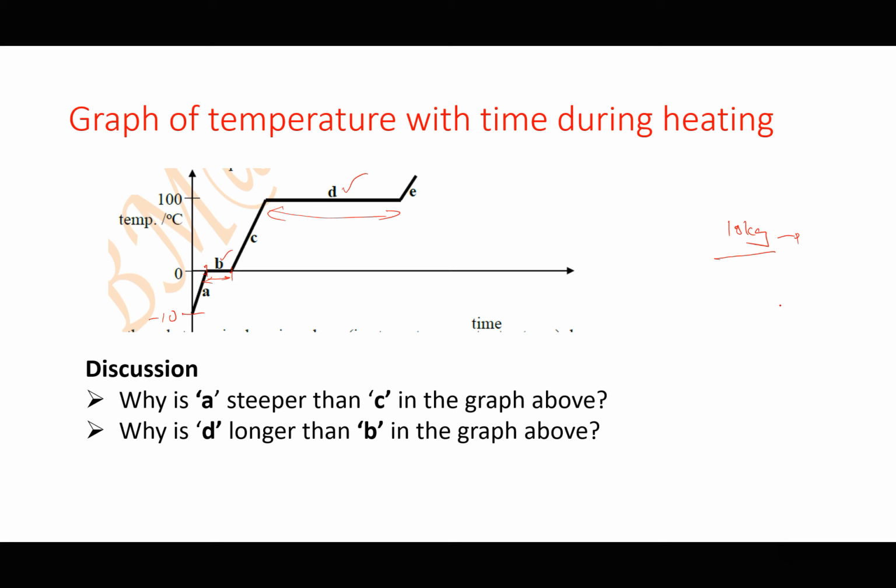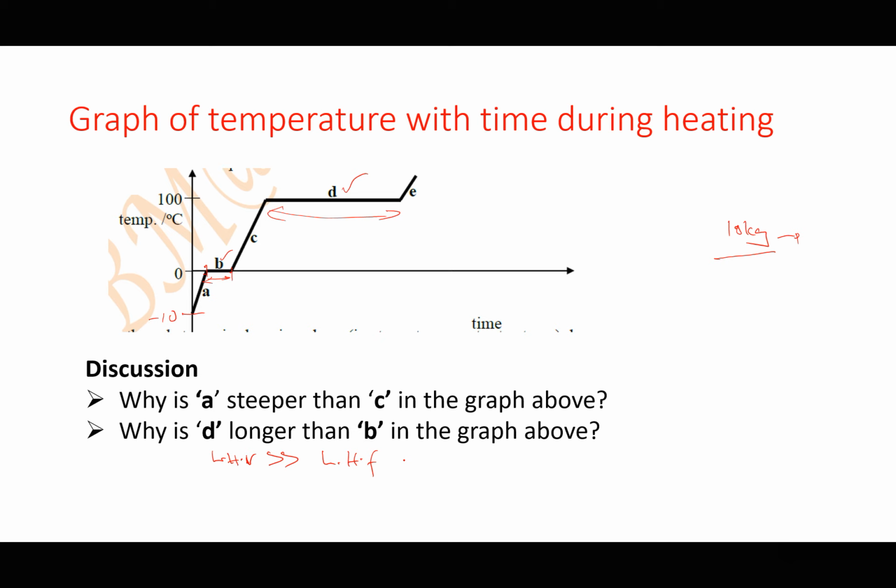It also implies that the latent heat of vaporization is greater than the latent heat of fusion. D being longer than B is also indicating that the latent heat of vaporization is far, far greater than the latent heat of fusion.